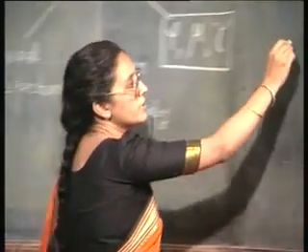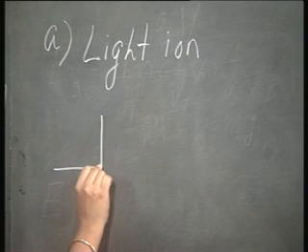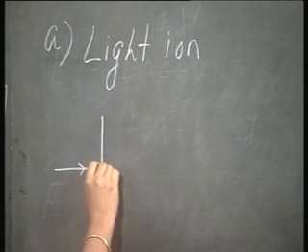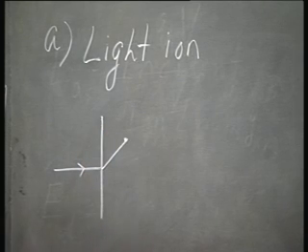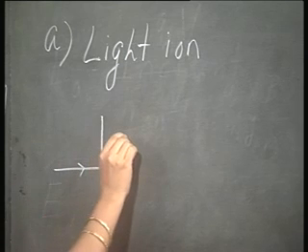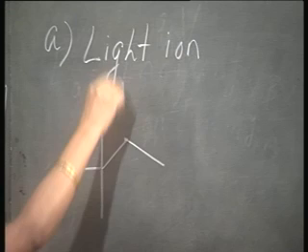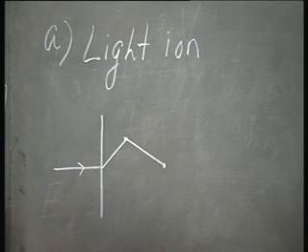So, if this is the semiconductor surface and if this is the ion beam coming, then you see its path is like this. It hits here. Okay. In the process, it gets deflected by a large angle. It is absolutely random. It can be this way or this way. Then again it hits a lattice atom.